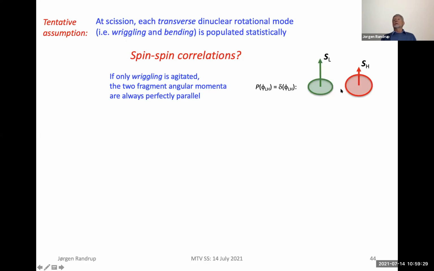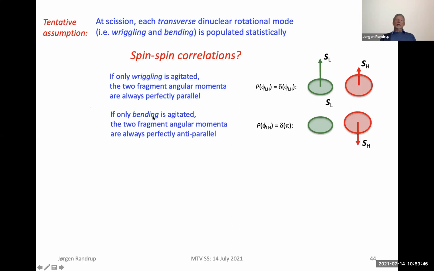If you were to plot the distribution of the opening angle between these two spin directions, you would get a delta function centered at 0. So highly correlated spins if you had only wriggling. Similarly, if you had only bending, you would also get equally highly correlated spins, except they are anti-parallel in bending. There should be an arrow pointing up that's also missing.